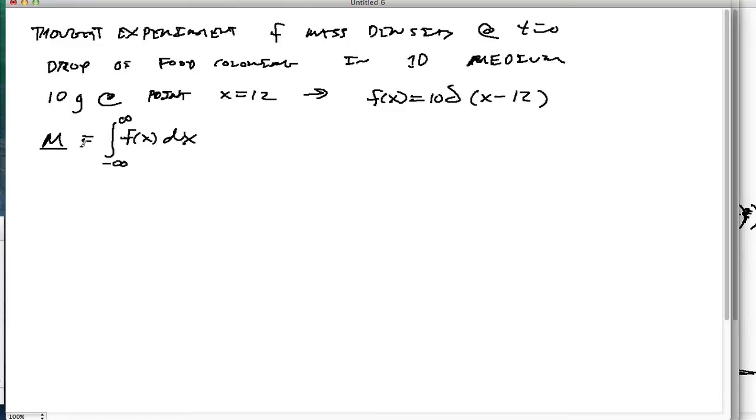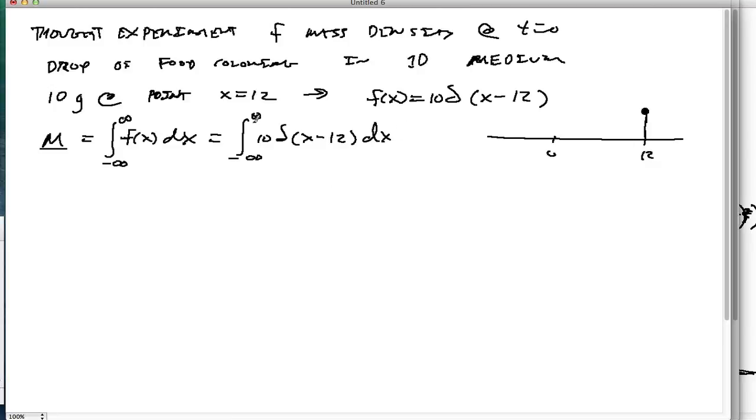If I integrate it, I get the total mass. That's going to be 10 times the delta functional at x minus 12. Again, we can draw that like here's 0, and somewhere out here is 12, and it's sort of like a little lollipop, just this little point of mass at 12. Because we're integrating over this interval, and our function is 10, it just becomes 10.